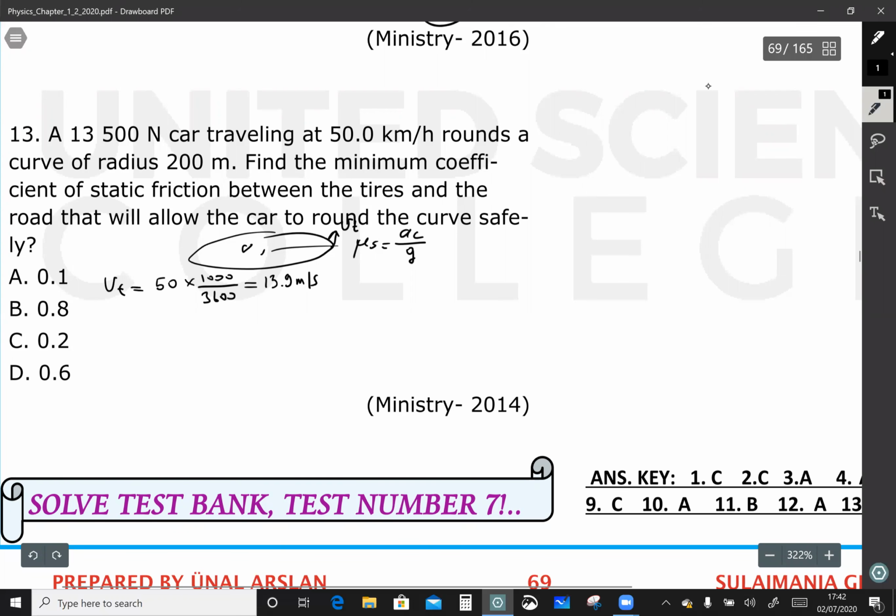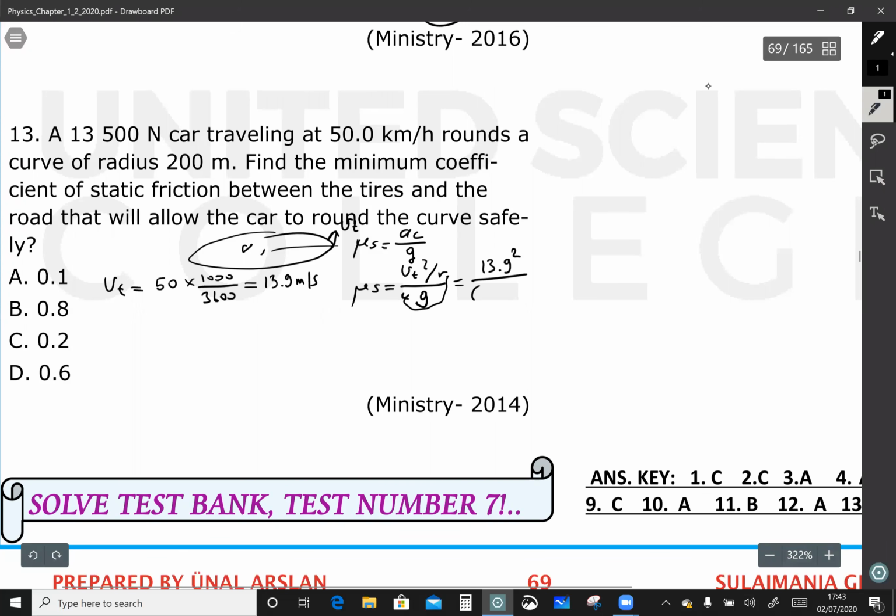After that, you insert the given values into this equation. Mu is equal to AC, in terms of tangential speed Vt squared over R, divided by G. Let's insert Vt squared, 13.9 squared, divided by RG. Remember I said R goes near G, in the denominator.